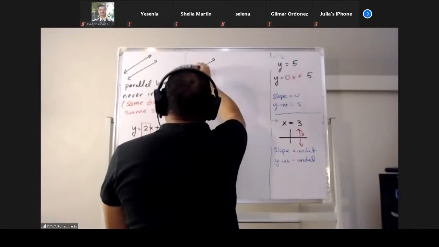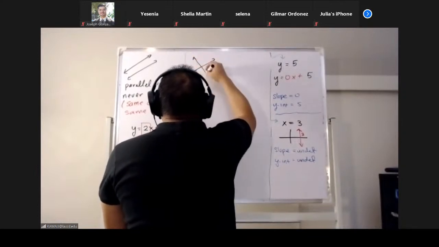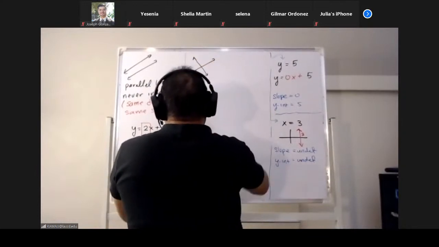Perpendicular lines, they form a perfect cross. They form a right angle.